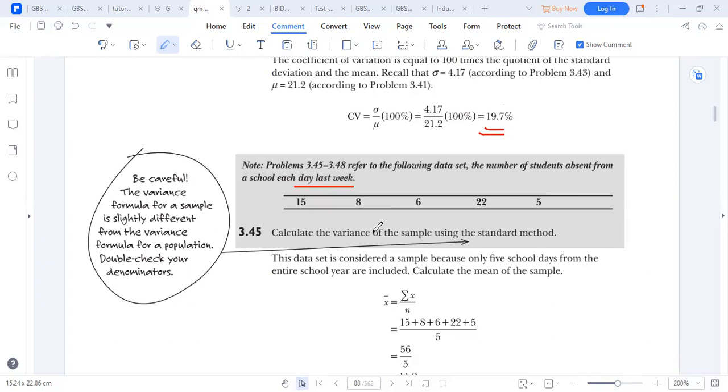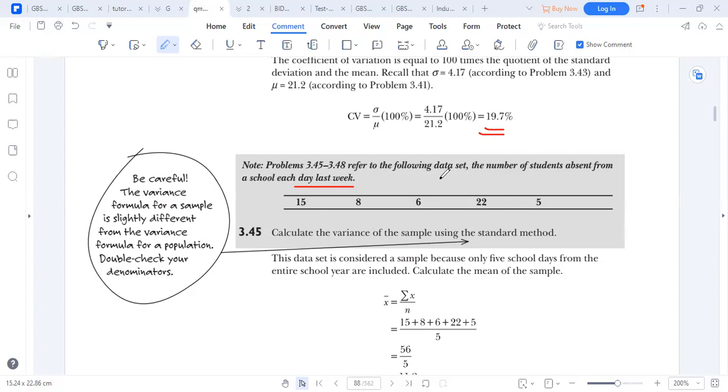Be careful, the variance for a sample is slightly different from that of a population. But in this case, this is going to be considered a sample because only 5 schools from the entire school are included. Only 5 school days from the entire school year are included.